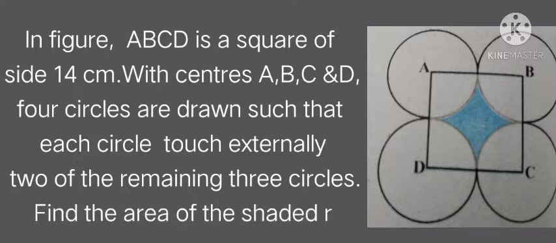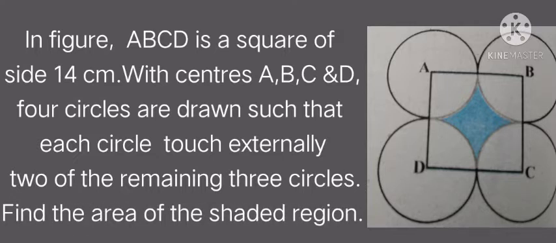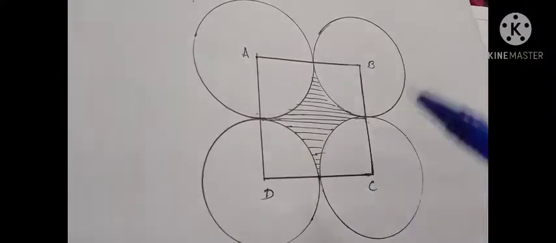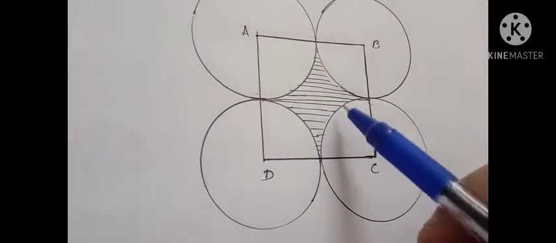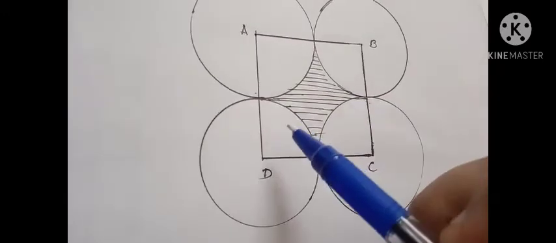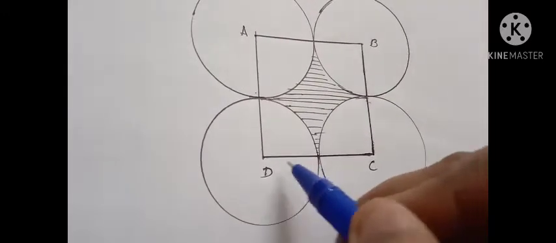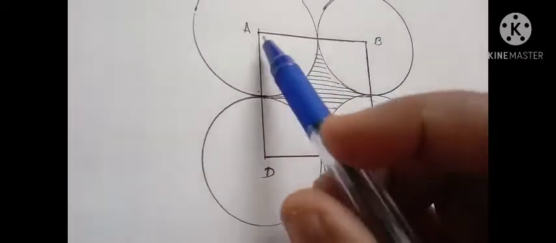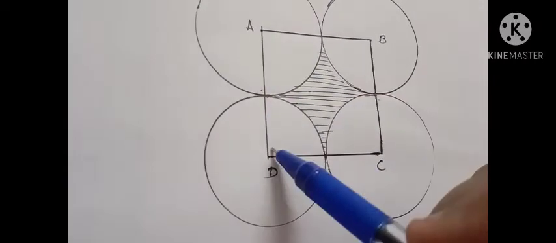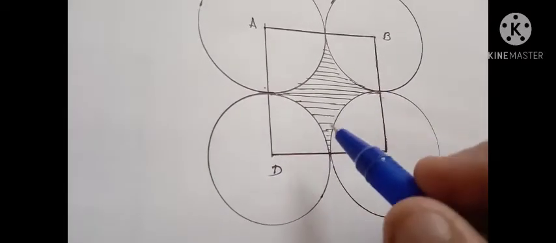Find the area of the shaded region. In the figure given in the question, it is given that ABCD is a square with side 14 cm. So DC, BC, AB and AD are equal to 14 cm.